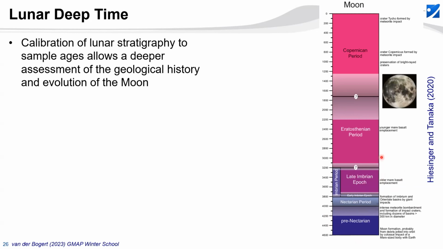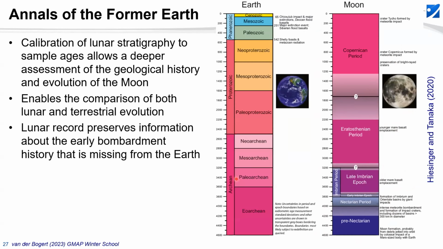Here's the older Mare basalt emplacement, younger Mare basalt emplacement, and then also fit in whatever your favorite thing is for the moon, whether it be basin formation ages or light plains formation ages. And then we have an absolute time scale that we can use to compare with the Earth's history. And then we can start seeing how the lunar geologic history compares with the terrestrial history and the emergence of life, for example?